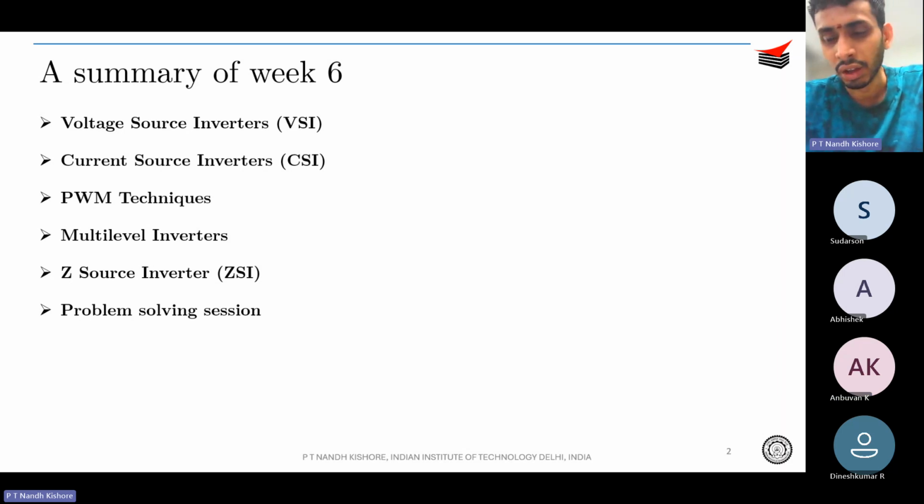Then you came to current source inverters, and then PWM techniques, namely the uniform or square wave PWM technique, sinusoidal PWM or SPWM, and finally space vector PWM. Other than that, you went through multi-level inverters and the Z-source inverter, just some theoretical aspects about them, correct?